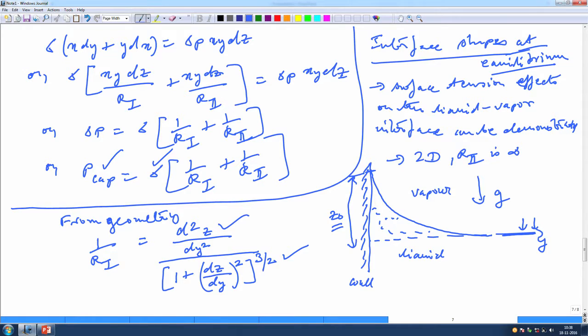There the two pressures of the liquid and the vapor phase must be the same. There is no interfacial curvature. Even if you apply the Young-Laplace equation there, the radius of curvature R1 is infinite, therefore the capillary pressure is 0. That implies that the pressures in the liquid phase and the vapor phase are the same.